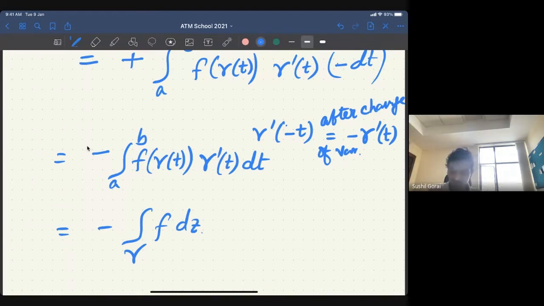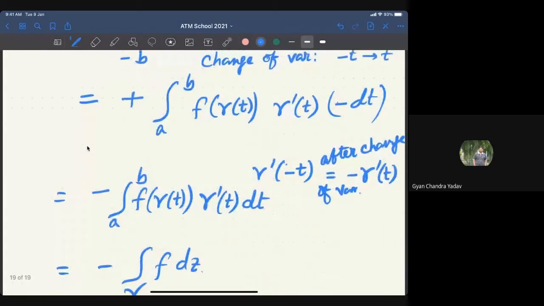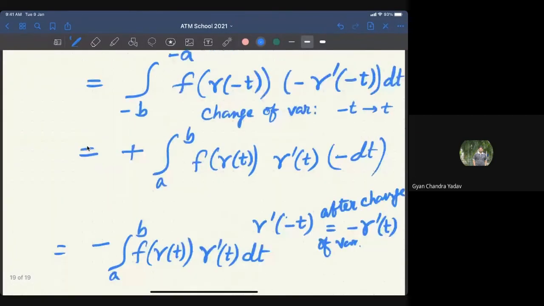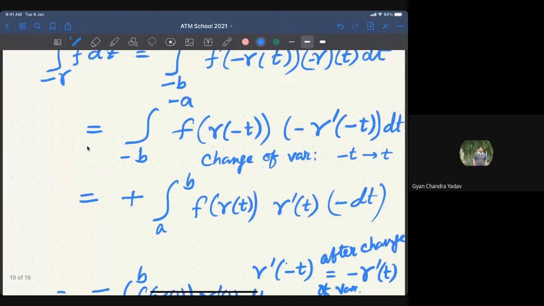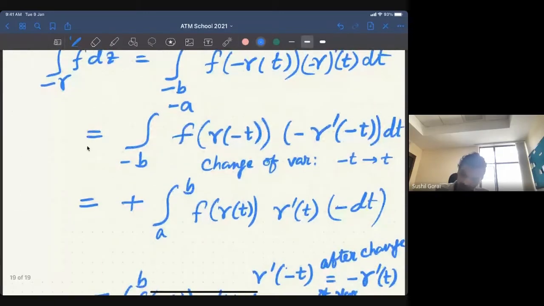Okay. Sir, is this fine? Sir, explain the second step, the second line. Right, so you are making a change of variable.